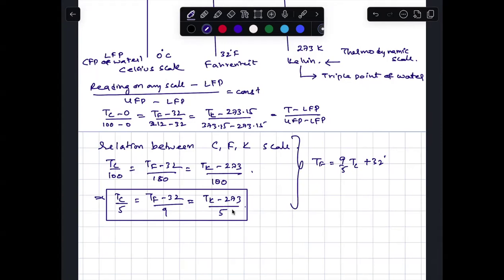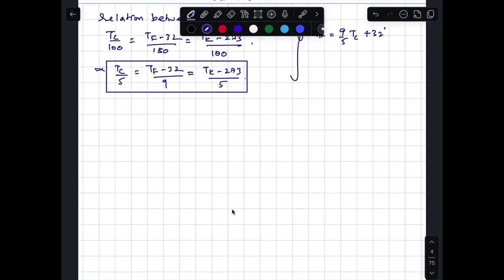So that's the basic relation. See, again I am telling, we will design a thermometer on the basis of some physical property that changes with temperature.